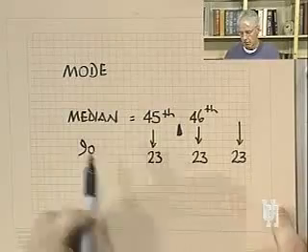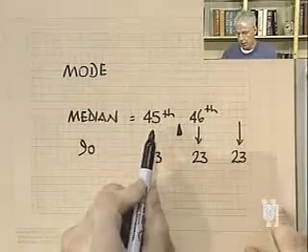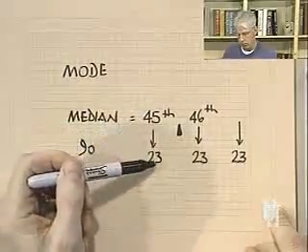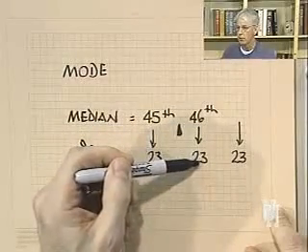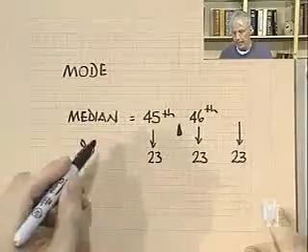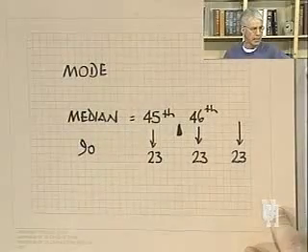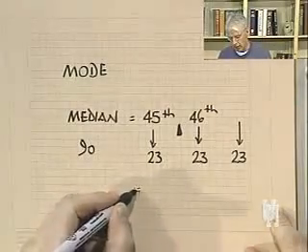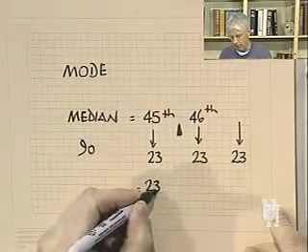So the median is halfway between the 45th highest score, which is 23, and the 46th highest score, which is 23, so that for those 90 scores, the median equals 23.